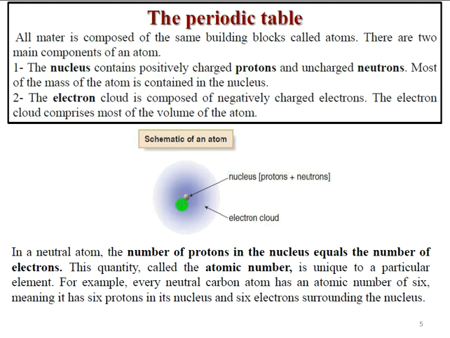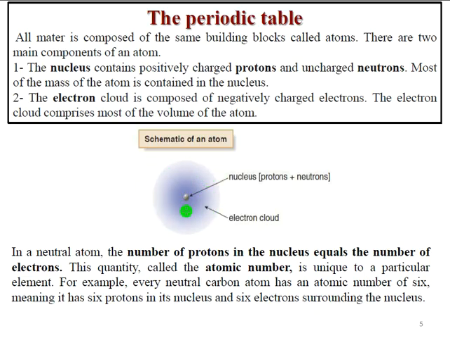Inside the nucleus we have protons with positive charge, and neutrons, which are uncharged, neutral particles. Also we have the electrons. A cloud is composed of negatively charged electrons. Here around the nucleus there is a cloud.